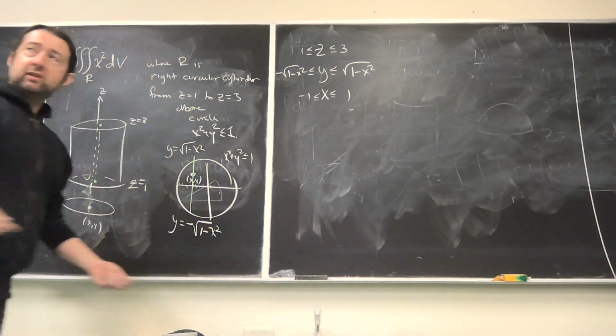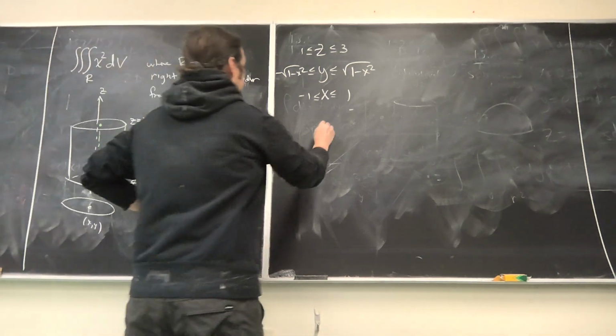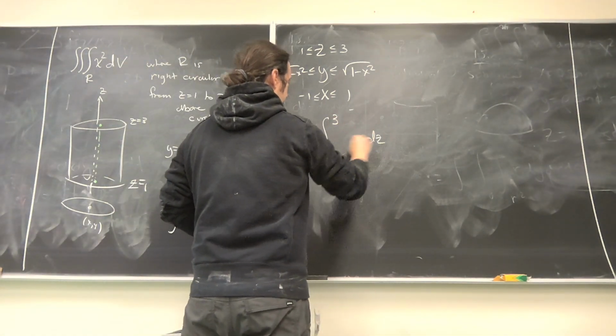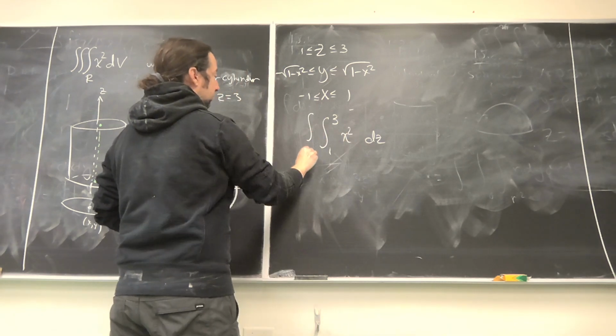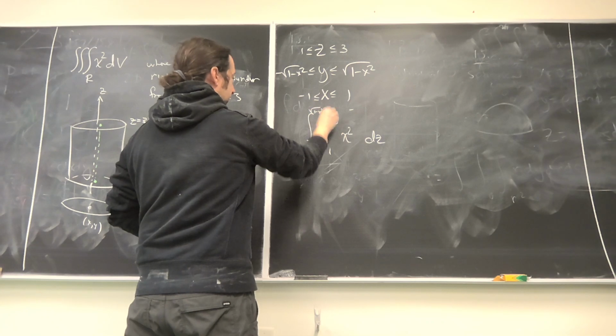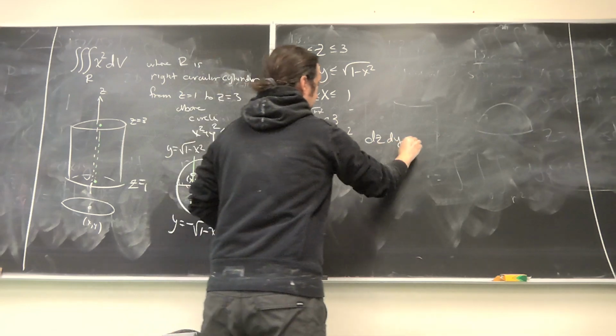And so if I want to set this up as a triple integral, I can use the inequalities to write down the integral from 1 to 3, and that's dz. And then the integral from minus the square root of 1 minus x squared to the square root of 1 minus x squared, and that's my dy. And then I integrate from minus 1 to 1, and that's dx.